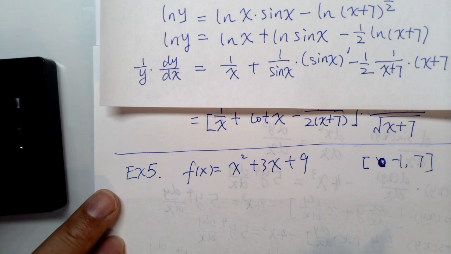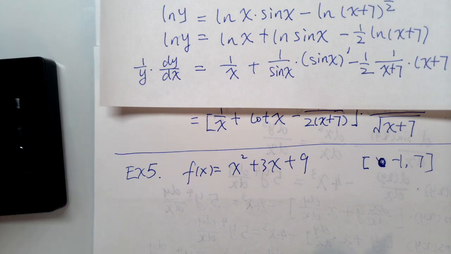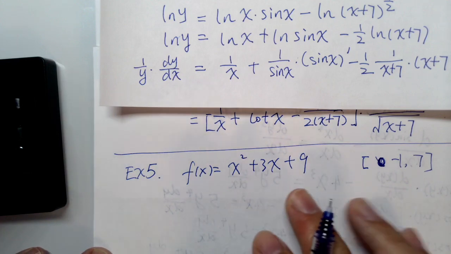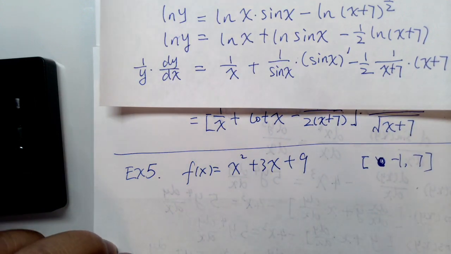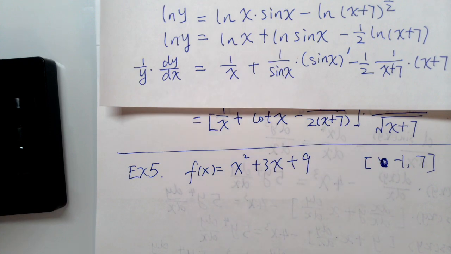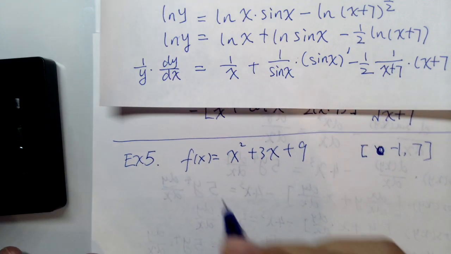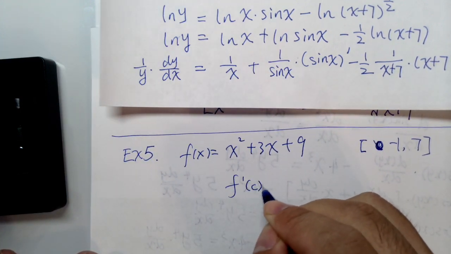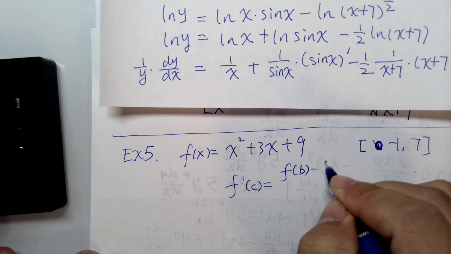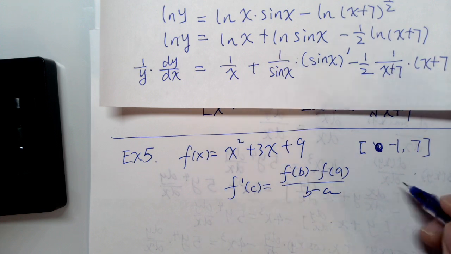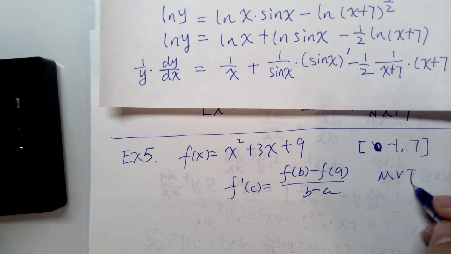Remember the mean value theorem we discussed from 4.2. If a function is continuous on a closed interval and is differentiable in the corresponding open interval, then there exists at least a number c such that f prime of c equals f of b minus f of a over b minus a. That's what we call the mean value theorem, the MVT.